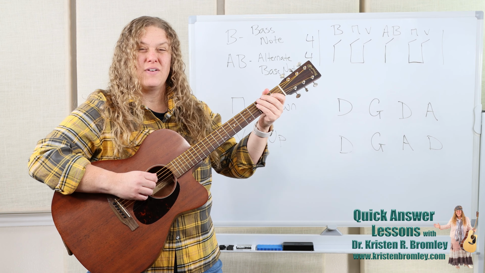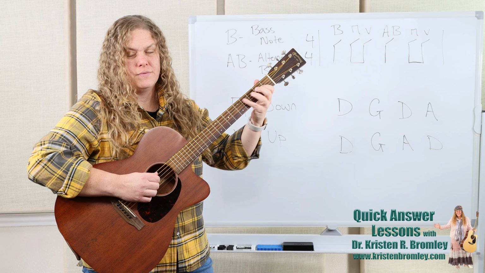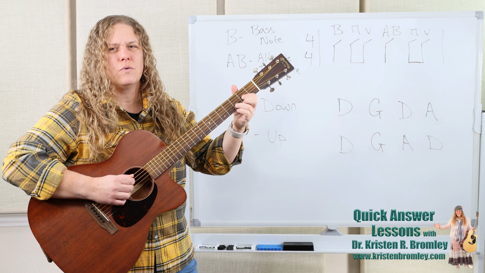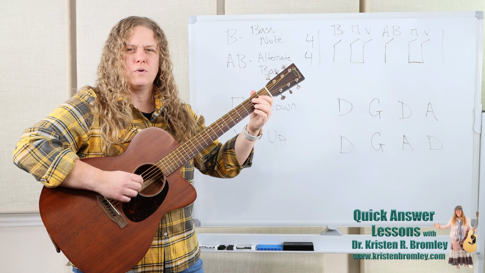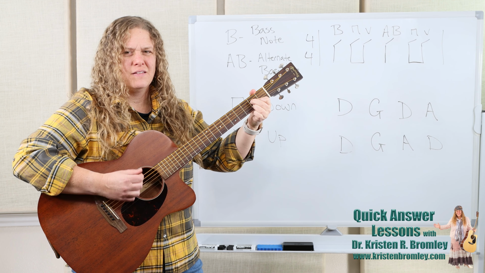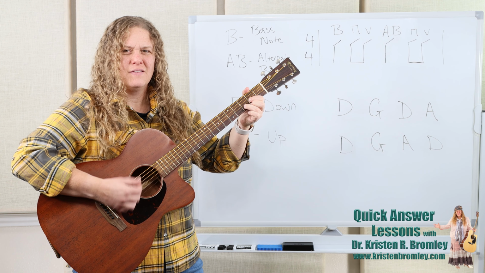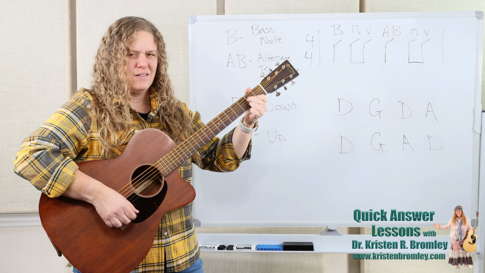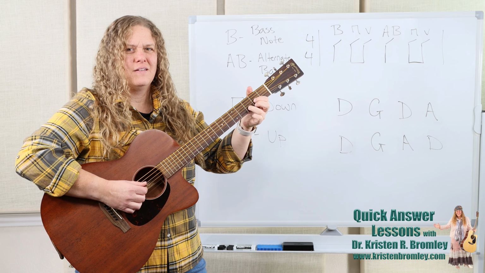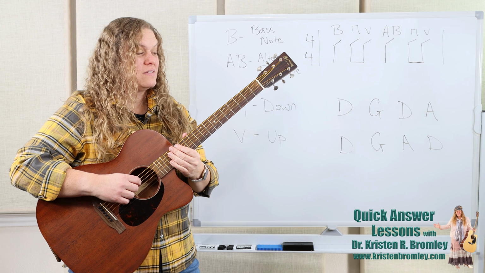We also have higher than coming down, C sharp, B, A. So when going from D to A, the D's higher, it works really nice to go 4-2 D. Just as simple as that.